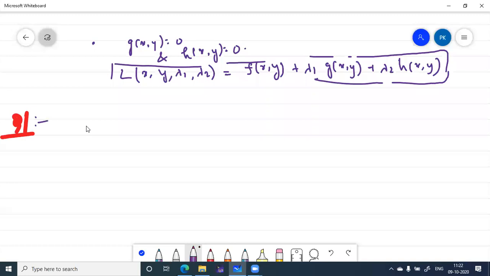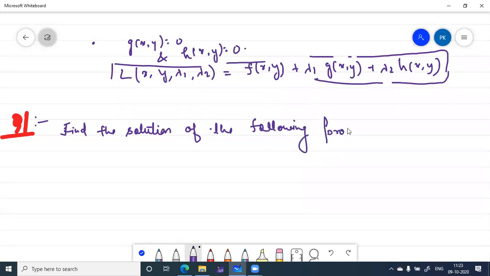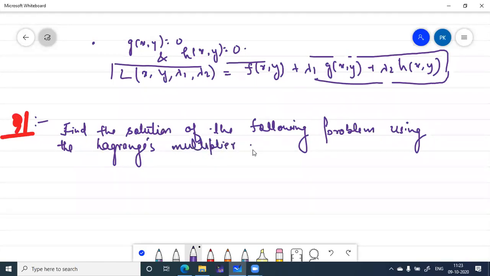Question is, find the solution of the following problem using the Lagrange's multiplier method.